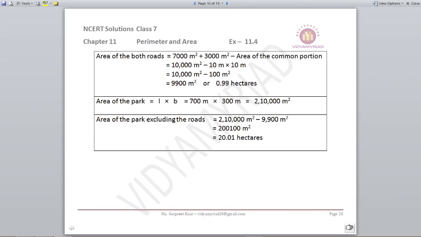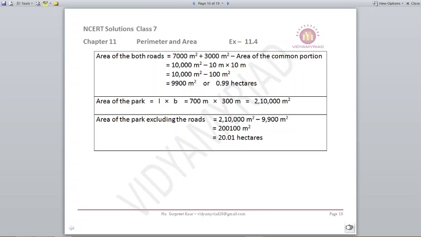So we need to subtract that. That is a common portion, which means 7000 plus 3000 minus the area of the common portion which is there in the center, that is in the form of a square, that is 10 into 10, that is 100 meters square. So 10,000 minus 100 meters square gives you 9900 meters square, or we can also say 0.99 hectares.